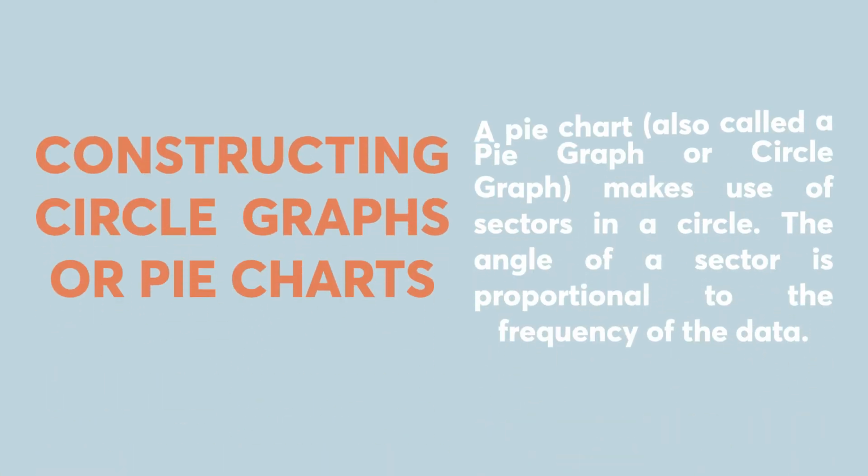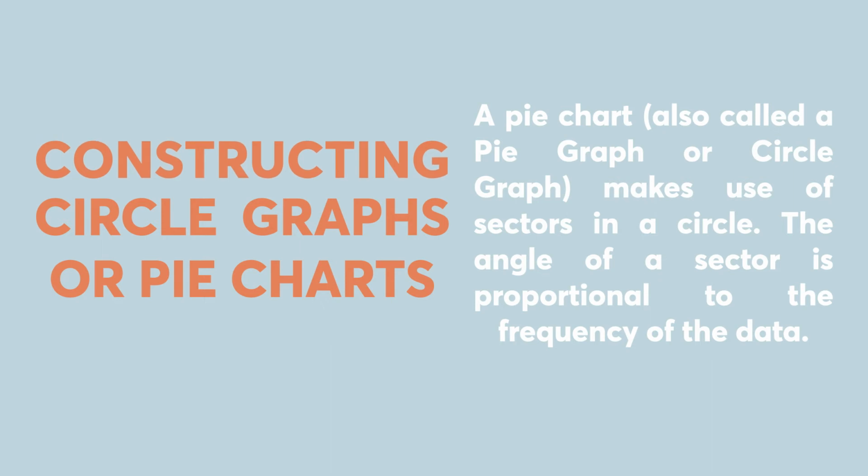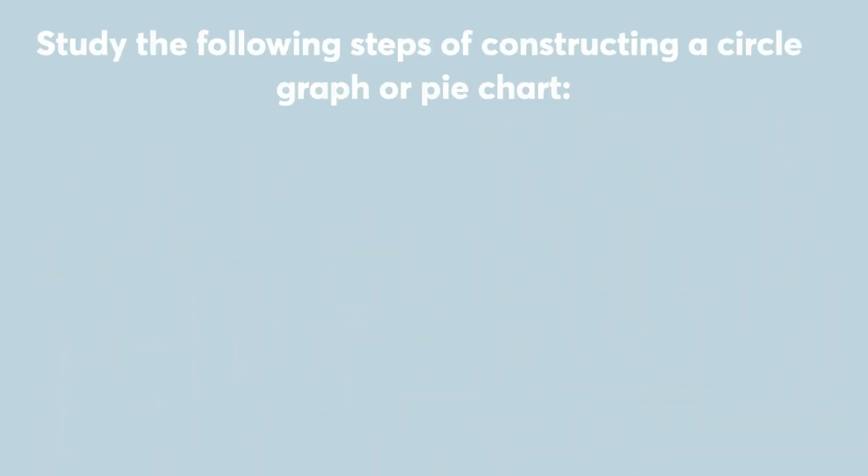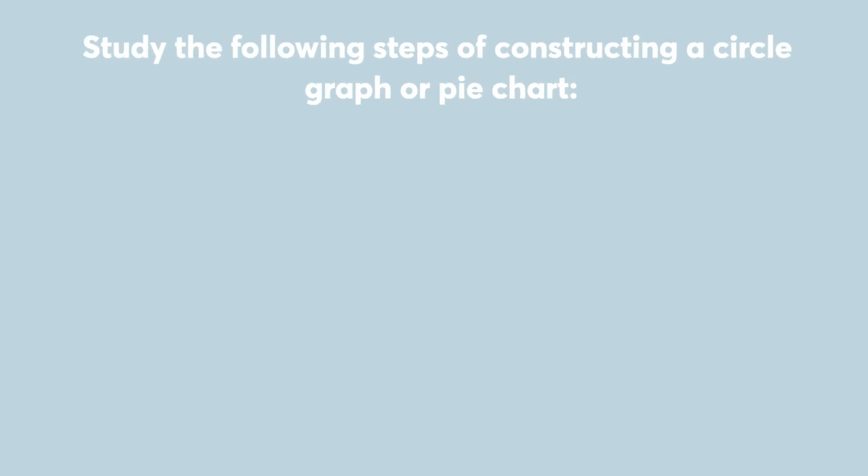A pie chart, also called a pie graph or circle graph, makes use of sectors in a circle. The angle of a sector is proportional to the frequency of the data. Study the following steps of constructing a circle graph or pie chart.